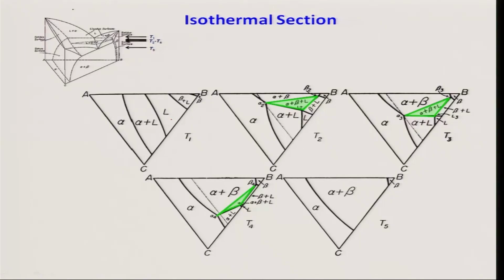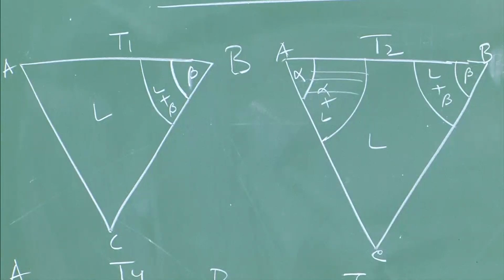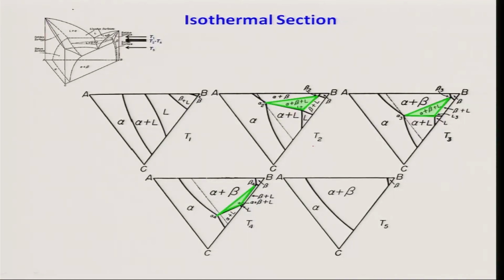Liquid is quite high here, but here the temperatures are less. There are 5 temperatures instead of the 6 I have shown you. In fact, T1 is a little lower; in T1 you can see alpha plus liquid. T1 here is the same as T2 on the board, and T2 is exactly the same as T3.